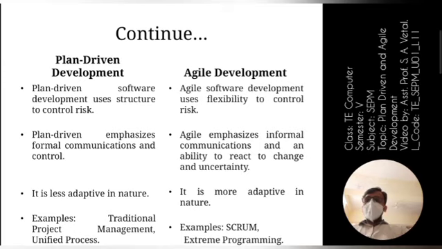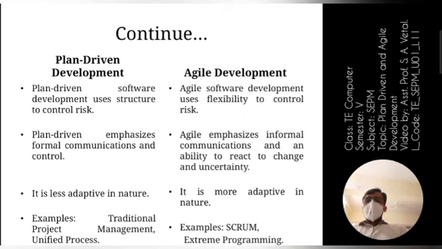The next is that plan driven development is less adaptive in nature, but agile development is more adaptive in nature. You can adapt with agile development and it can be used for the software development process.